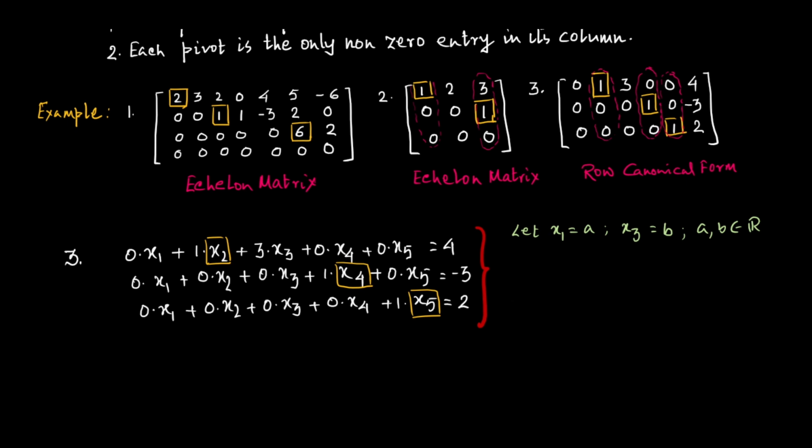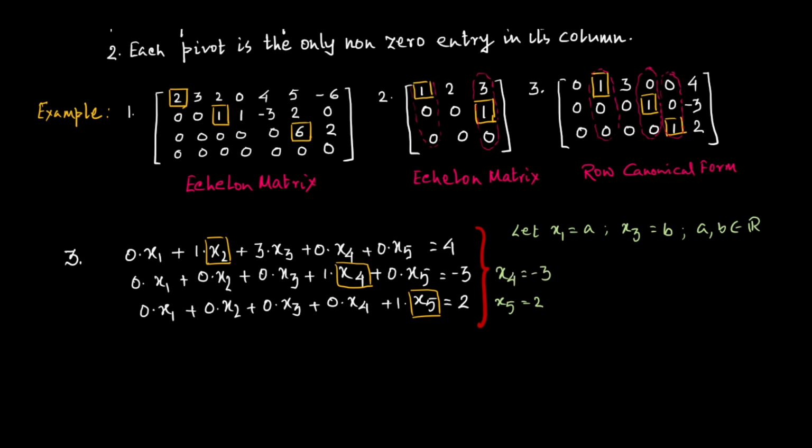Now we can find out from the last equation that x5 is equal to 2. It's already there. There is no need to find out anything. From the second equation, it is again there that x4 is equal to -3.